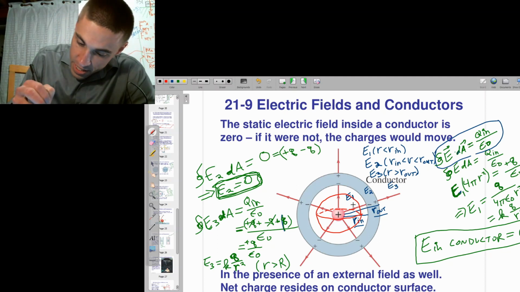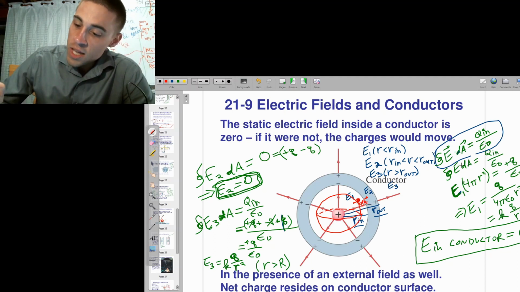So dA is going to be a little area element pointing out. dA is going to be pointing radially out, and the electric field E1 is also going to be pointing radially out at that point. So that E dot dA just becomes E times dA.